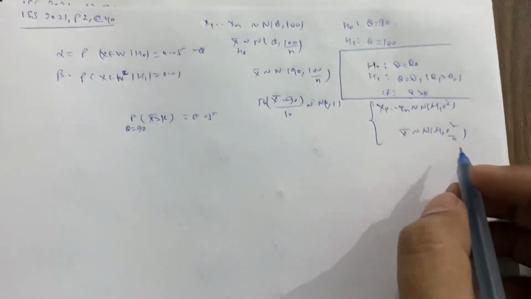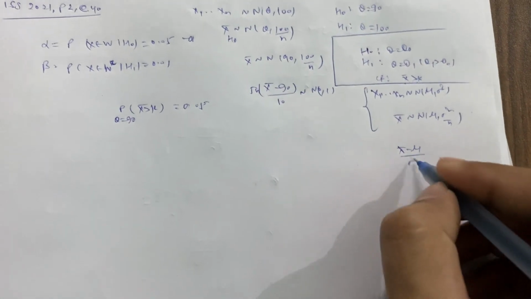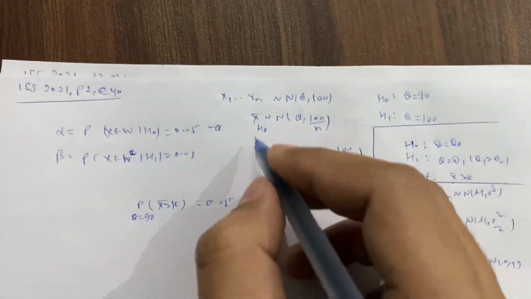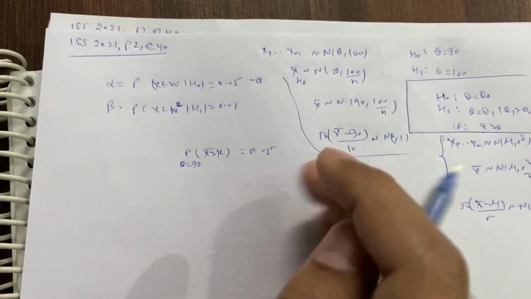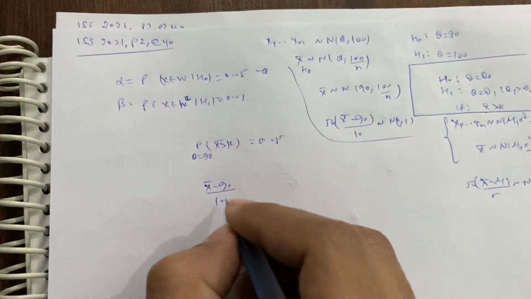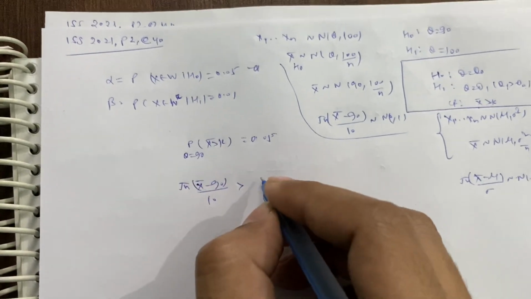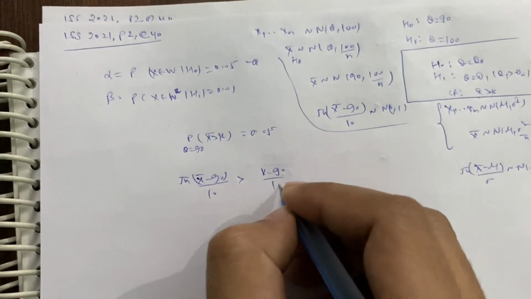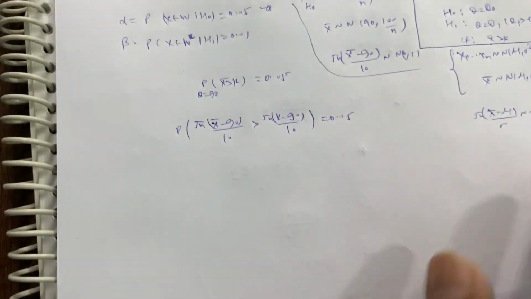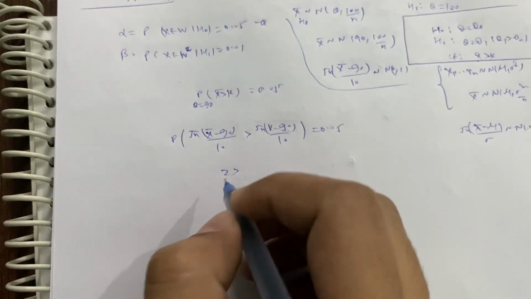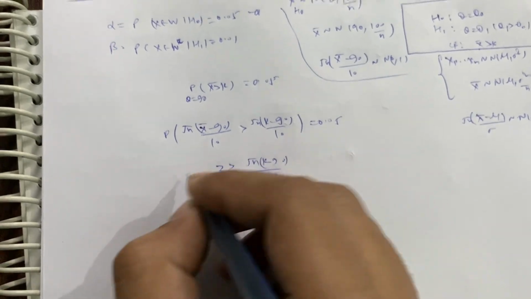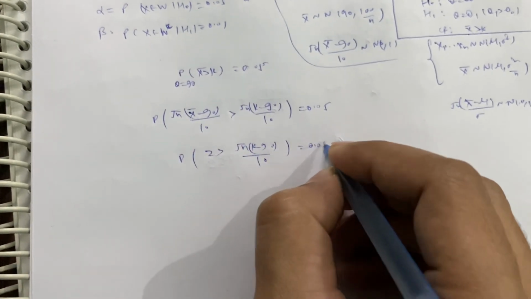That is, x bar minus mu divided by sigma by root n follows a standard normal distribution, which we are using here. So let's use this to find the value of k: the probability that root n times (k minus 90) divided by 10 is greater than Z is 0.05.